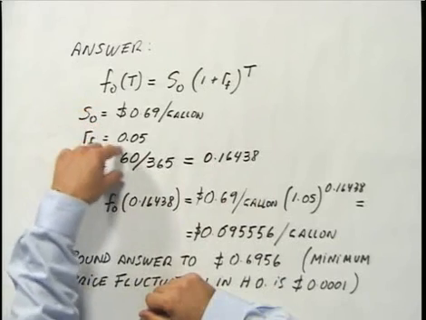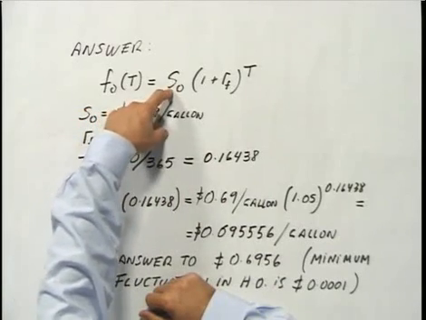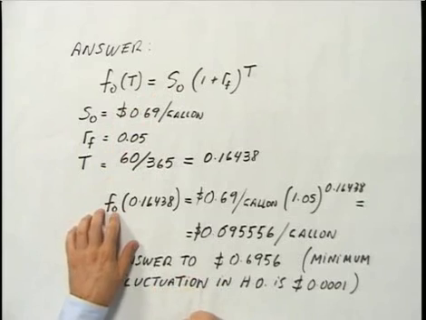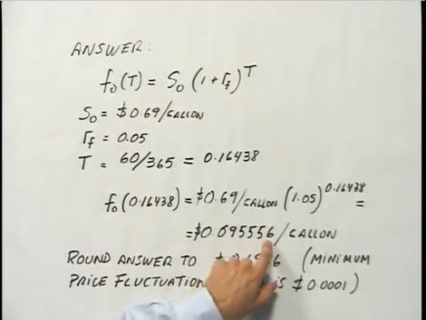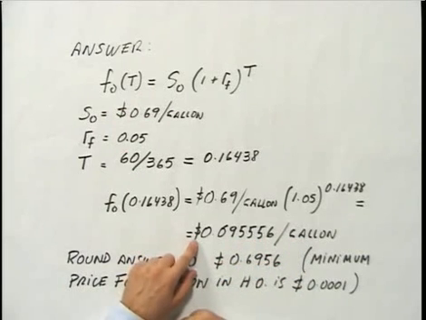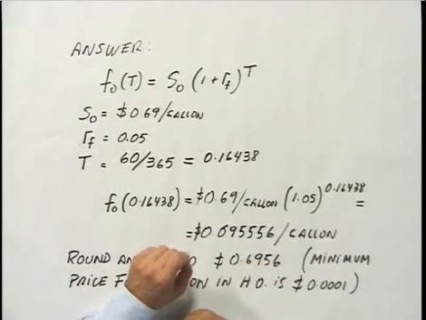If you just replace these numbers in the corresponding formula, you get a futures price of 0.65556 per gallon. But remember that in practice, the heating oil contract has a minimum price fluctuation of 1/100th of a cent. You cannot find prices that have fluctuations of less than 1/100th of a cent.